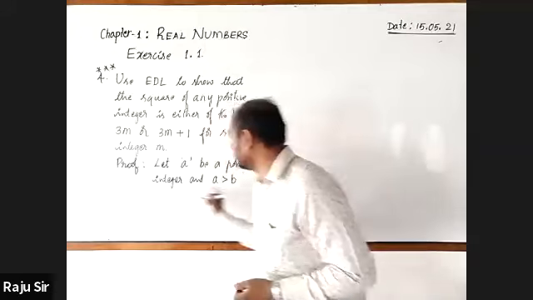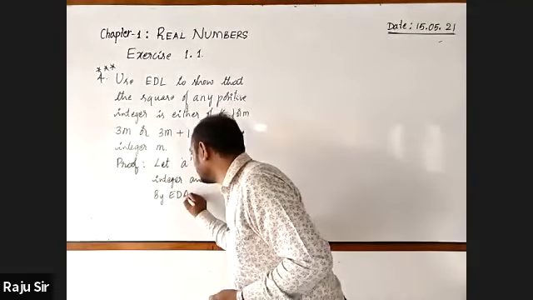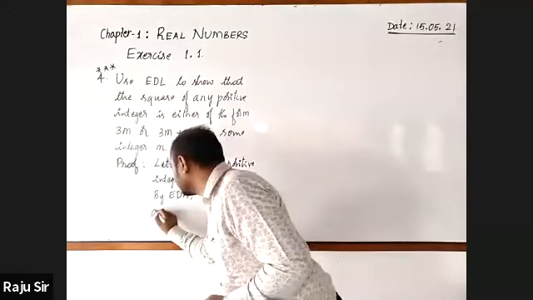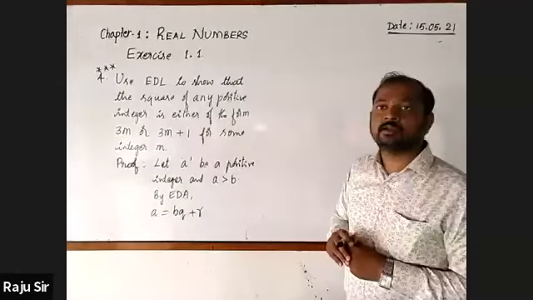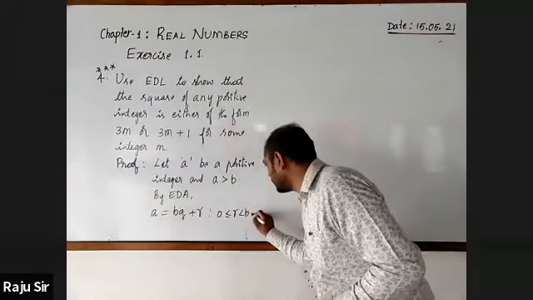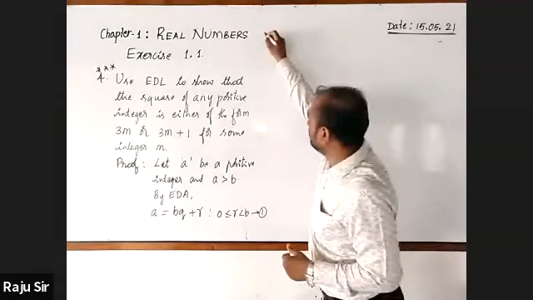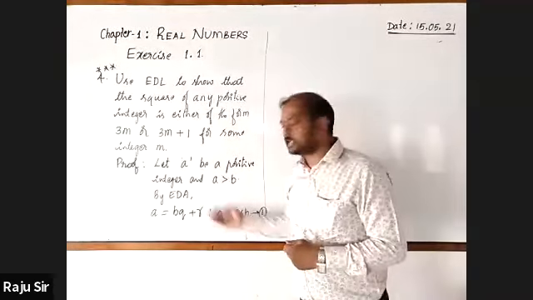Now let's use Euclid's division algorithm. According to this, we can write a is equal to bq plus r, where 0 is less than or equal to r, less than 3. You may call it statement 1. Hope that you have written. Now, anybody want to tell the next step?